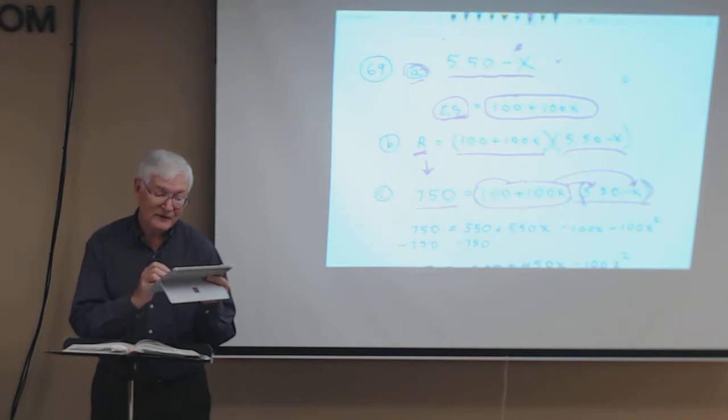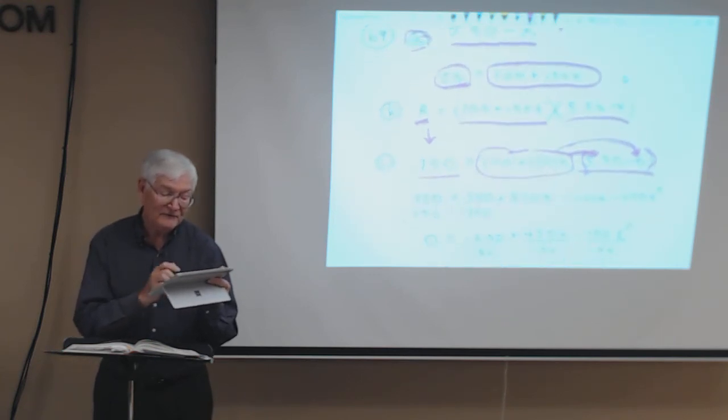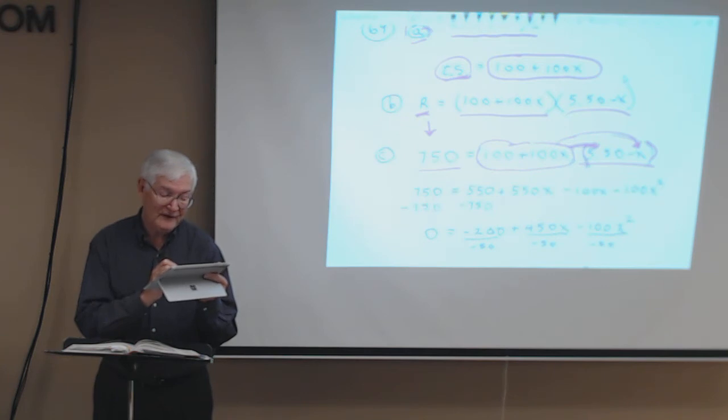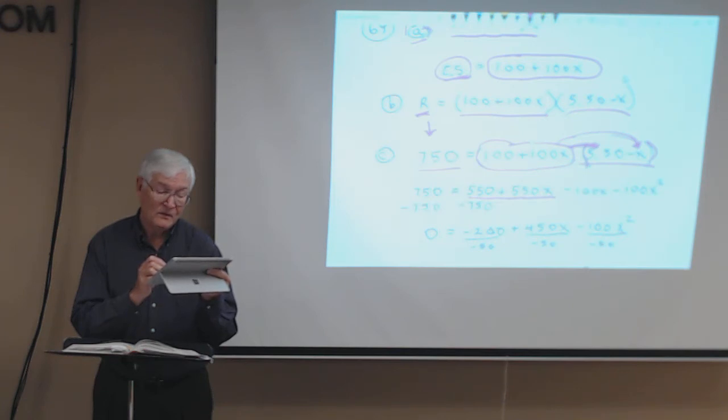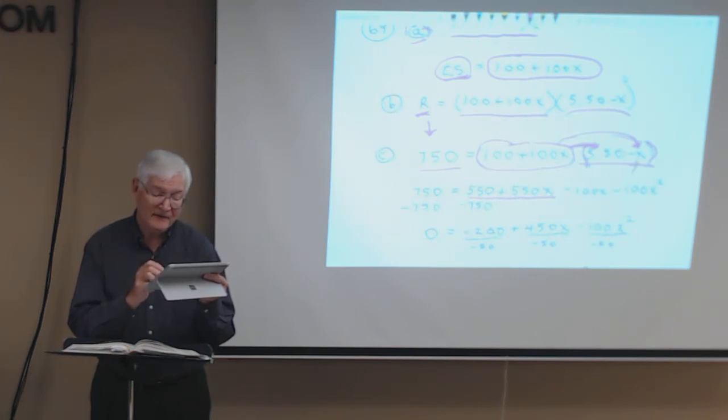And I use the distributive property to multiply, and I get 750 equals 550 plus 550x, and then this minus x minus 100x minus 100x squared.